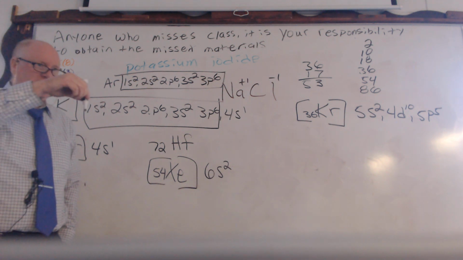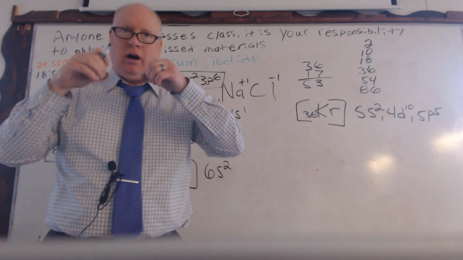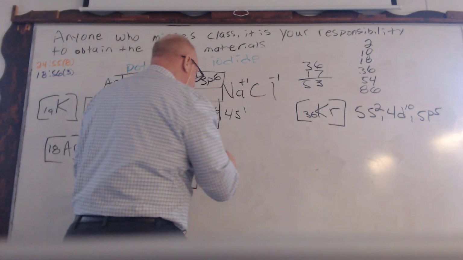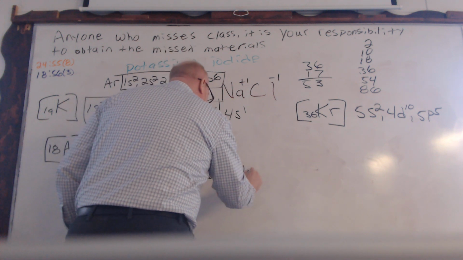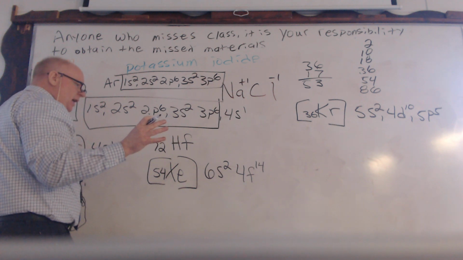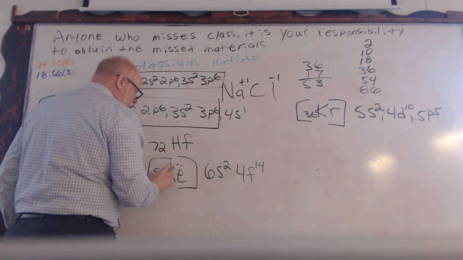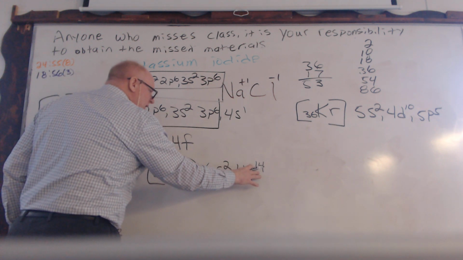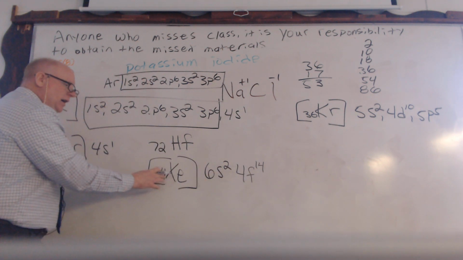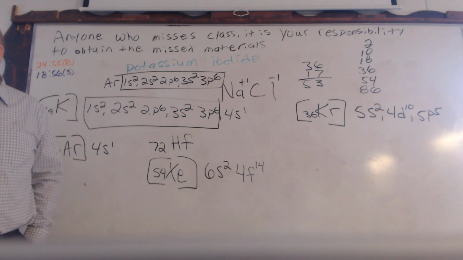Now, we're not making this up. You have this content on your slide rule. 4F14. Okay, so let's check to see where we're at. If this is 16, 16 and 54 gives you 70, right?